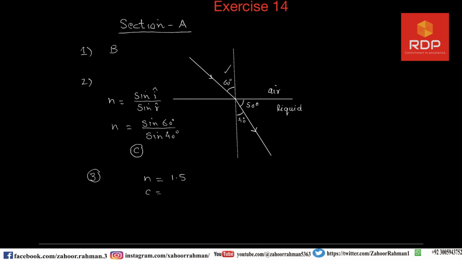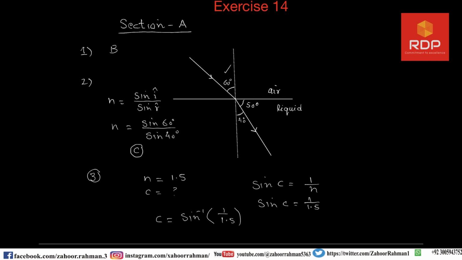So we have to find the critical angle, and you know that sine C is equal to 1 over n. So I am writing sine C is equal to 1 divided by 1.5. So here C is equal to sine inverse of 1 divided by 1.5.